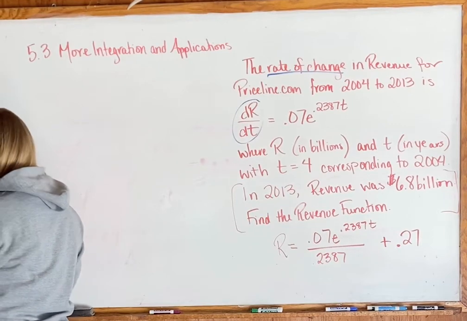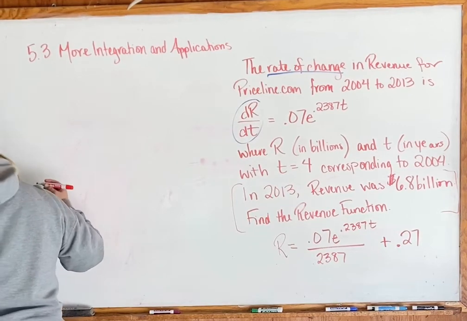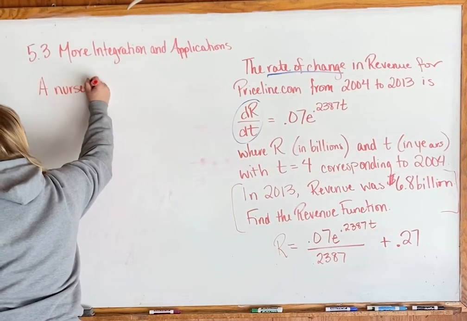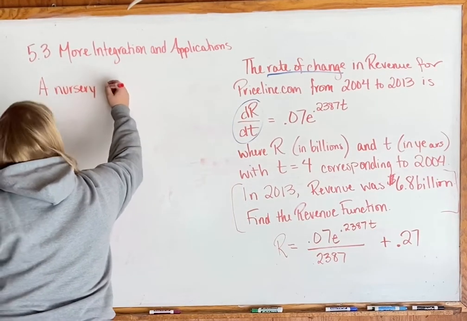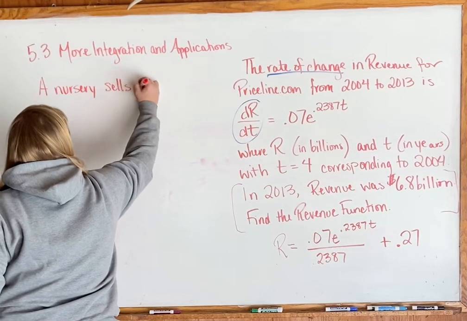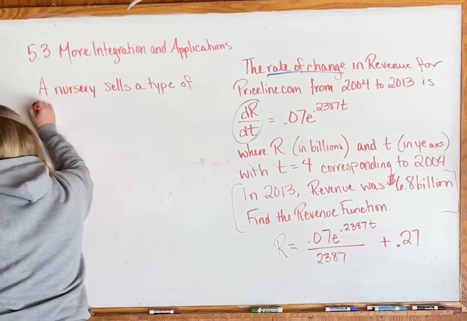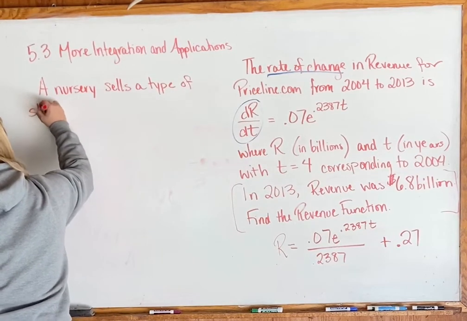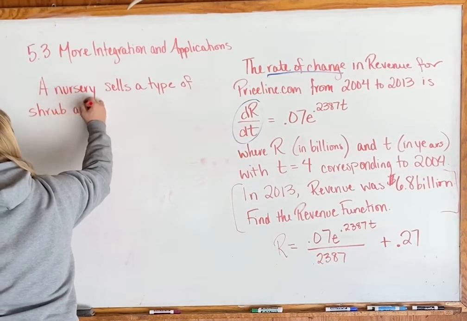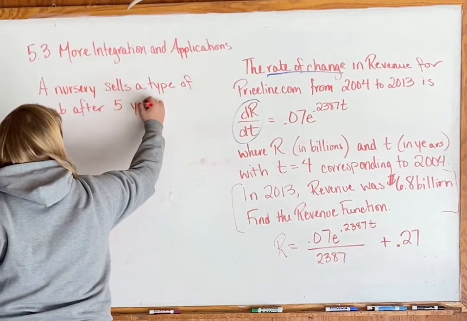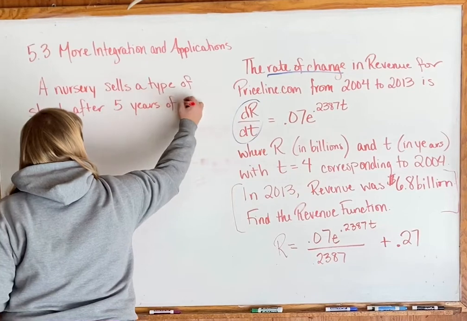So this is a gardening example, and it says, a nursery sells a type of shrub after 5 years of growth.